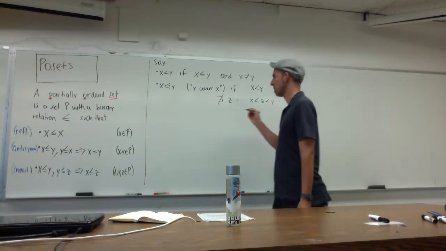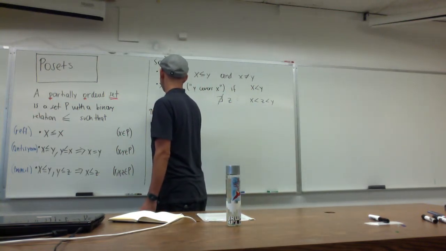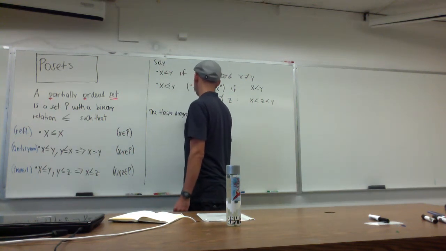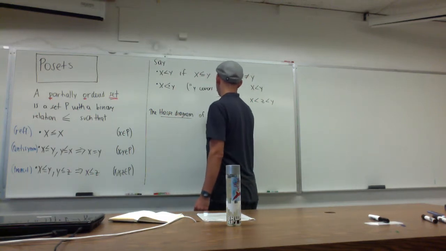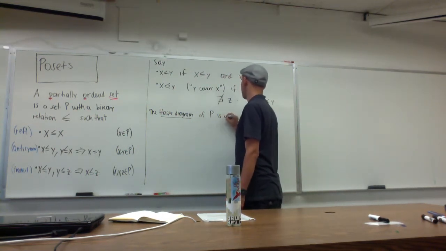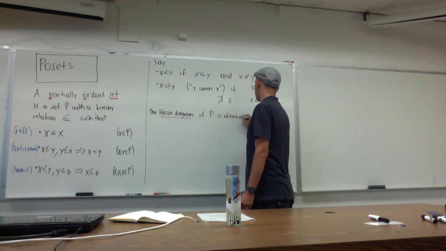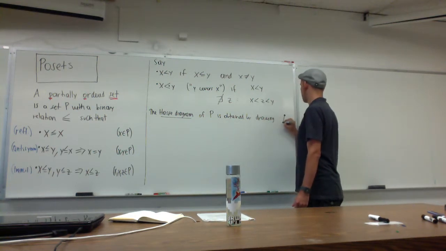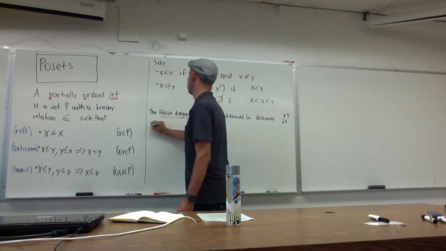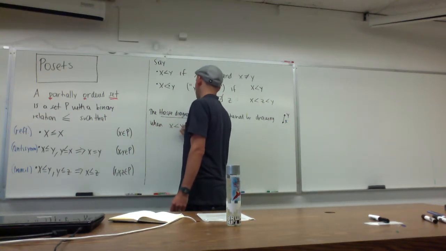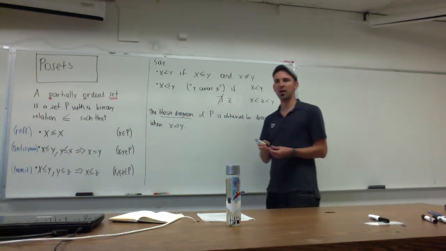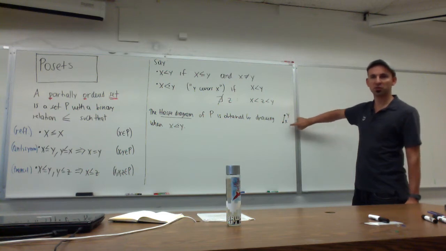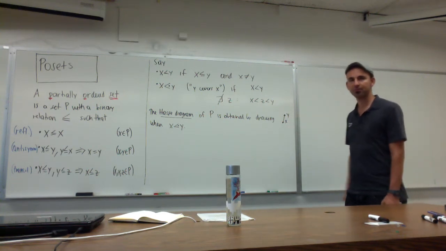And now the Hasse diagram of the poset is obtained by drawing an edge from x to y whenever x is covered by y. So you join cover relations, and you always put the small element below and the big element on top.